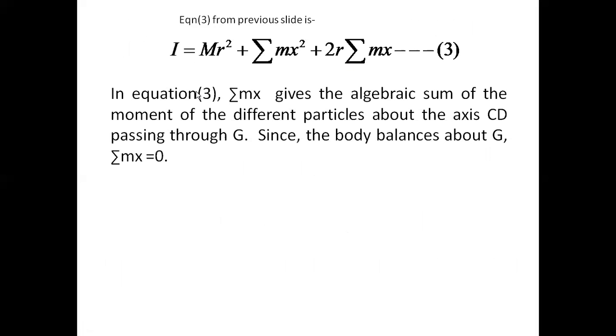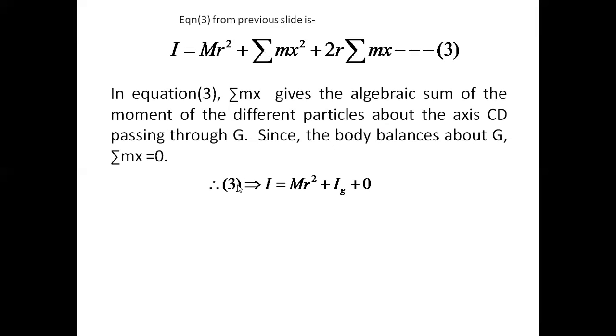Hence, sigma m x is the algebraic sum of the moments of the different particles about the axis CD. But here the axis passes through the center of gravity, and about that center of gravity the body balances. Hence, the algebraic sum of the moments is equal to 0. That is, according to the equilibrium condition, the algebraic sum of the moments must be equal to 0, and this sigma m x is equal to 0.